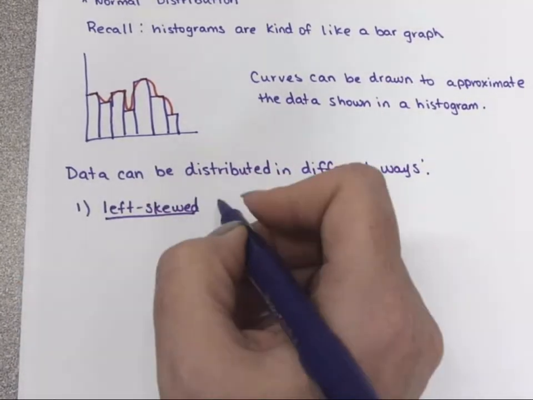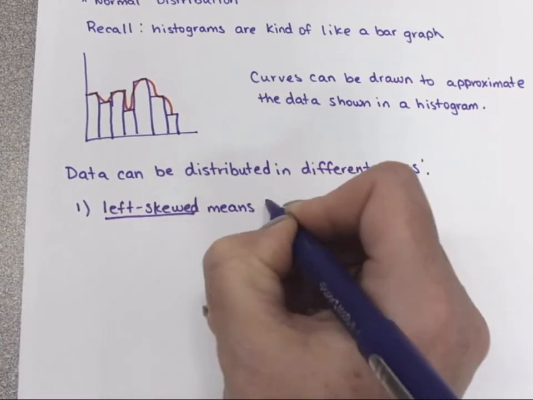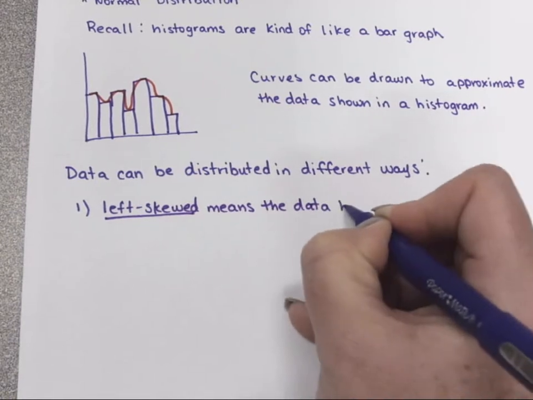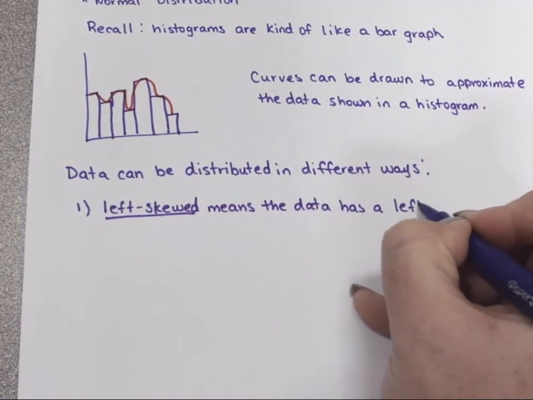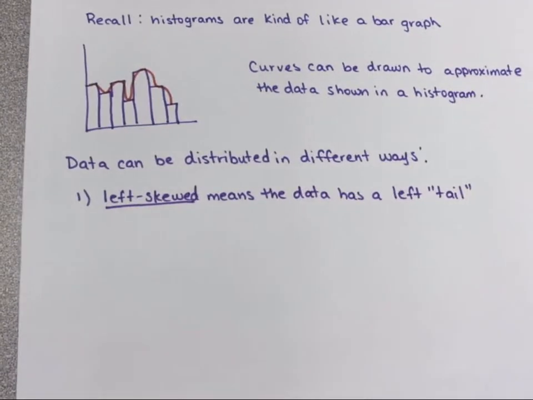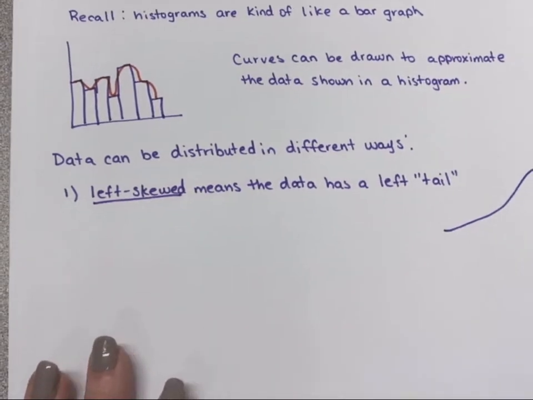Left skewed means that the data has a left tail. So if you had a curve, it might look something like this, like there's a tail to the left and then the values to the right kind of peak.